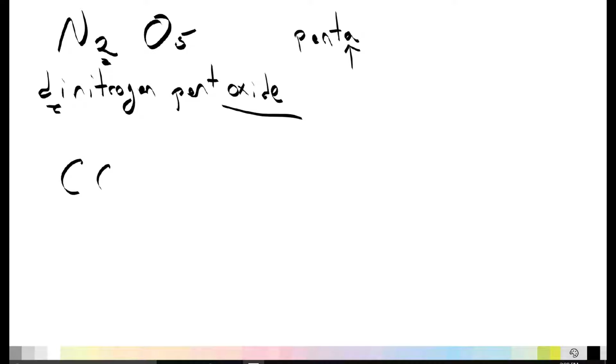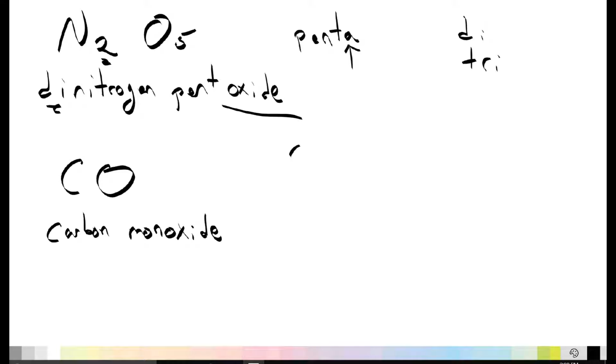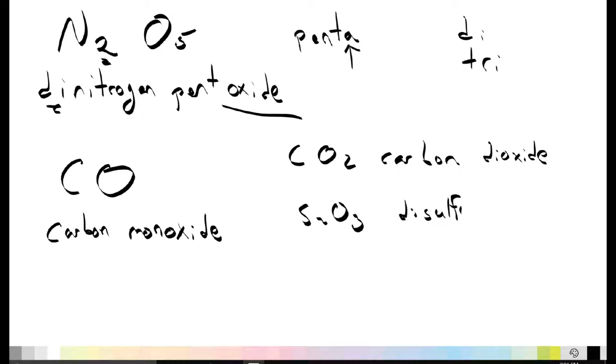So CO is carbon monoxide, not carbon monooxide. The exceptions to the exception are di and tri. So you can have CO2 is carbon dioxide, and S2O3 disulfur trioxide. So you can have all sorts of things, obviously.